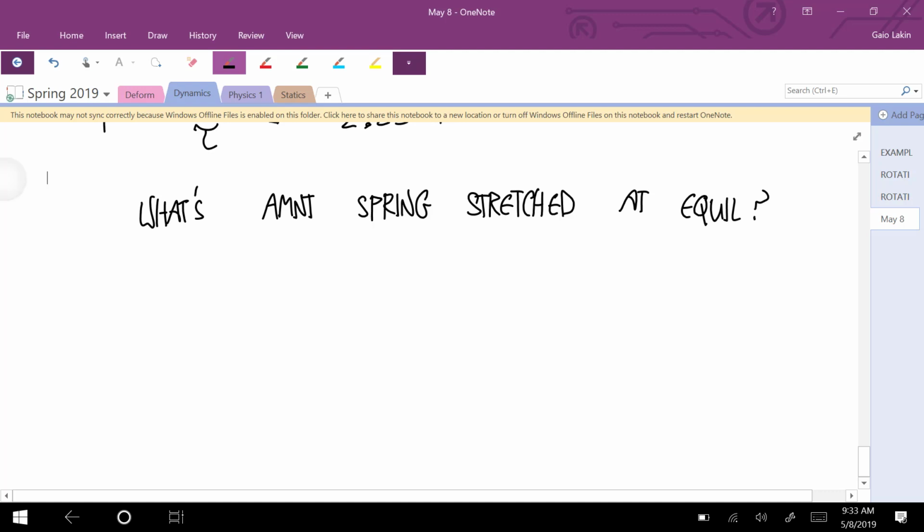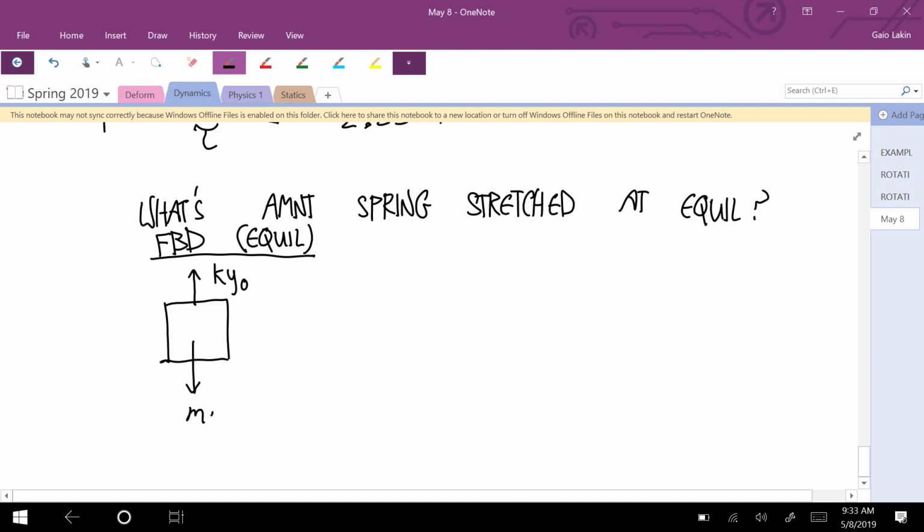Okay, so a free body diagram at equilibrium looks like this. You have KY0 pulling up and a weight force pulling down. And Newton's second law says the sum of forces is 0: K times Y0 plus negative mg.